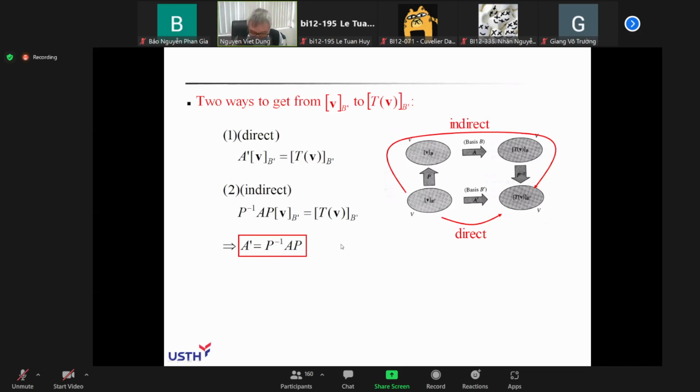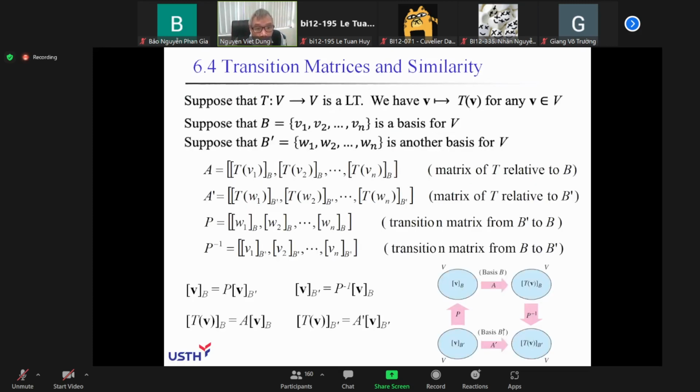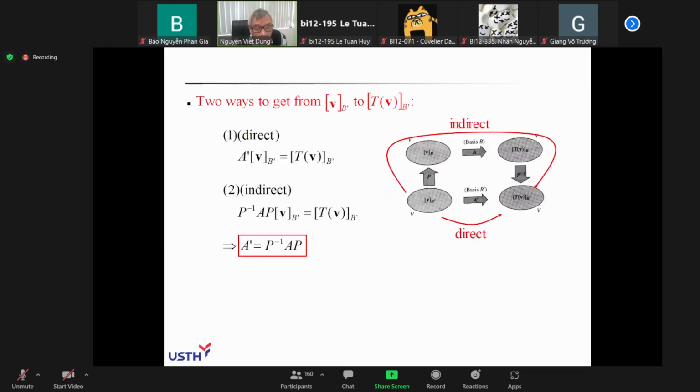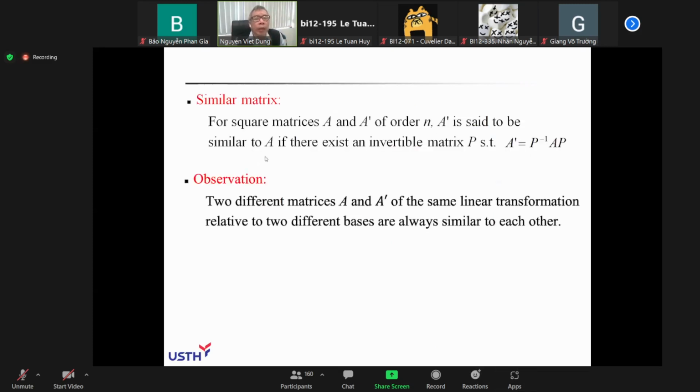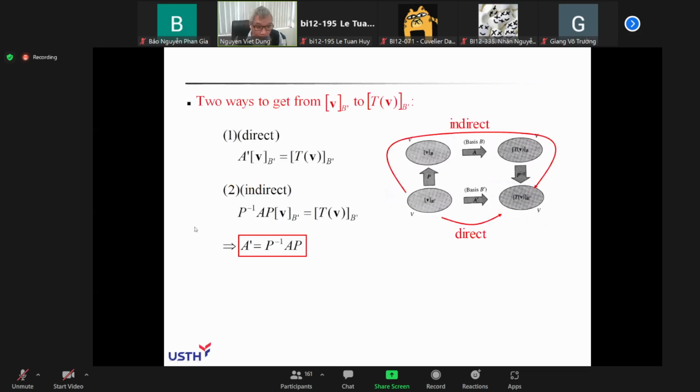And that formula gives us a new notion, that is similarity. Two square matrices A and A prime of the same order are similar to each other if we can find an invertible matrix P so that A prime equals P inverse A P. So that formula is exactly the same as here: A and A prime are similar to each other.